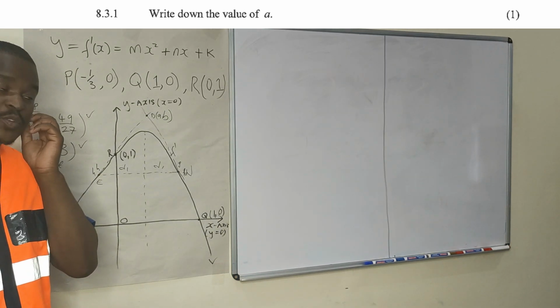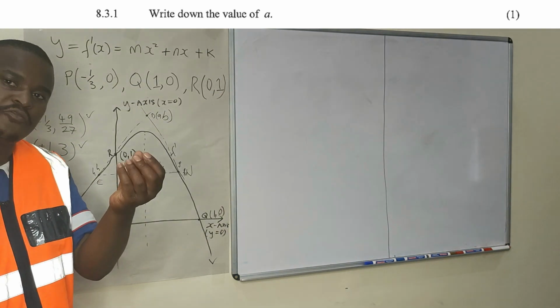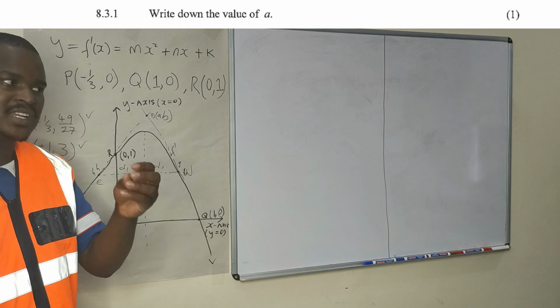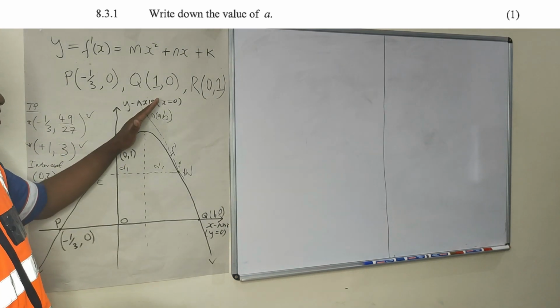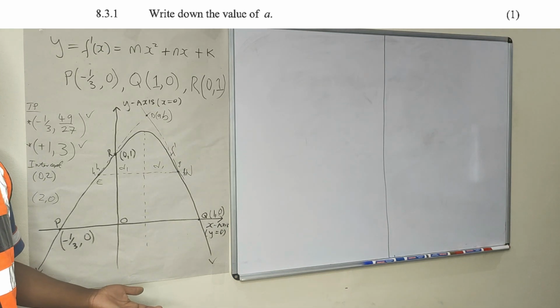So these 2 tangents will have the same size of gradient, but only the direction differs. One will be positive, and the other will be negative. That's what you need to know.